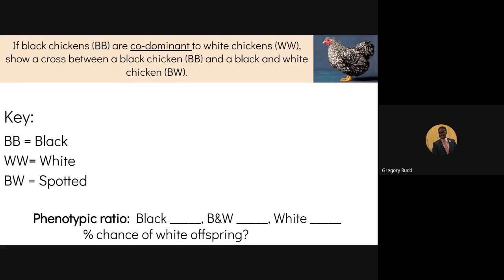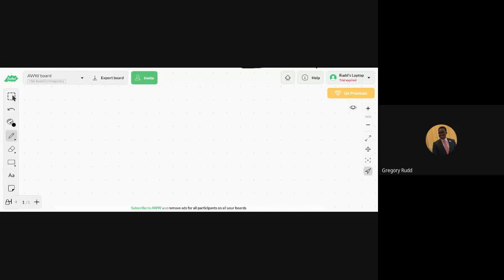So now we need to show a cross between a black chicken and a black and white chicken, one that's spotted. So let's go ahead and get ready to do that. I had my key on the last screen. I'll go ahead and rewrite it just for convenience.